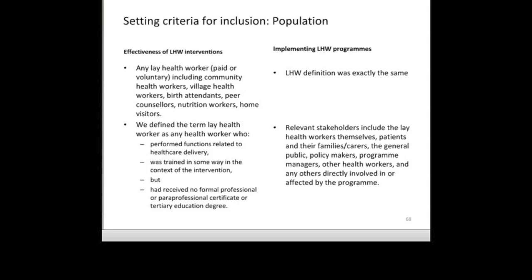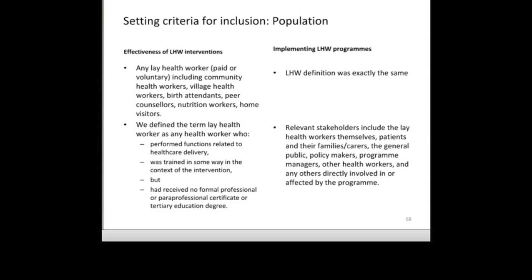They also defined the term lay health worker as any health worker who performed functions related to healthcare delivery, was trained, and had received no formal professional certificate. So as you can see, it's very much operationalized, and that really helps your second screener to actually evaluate whether a particular article should be in based on the population or not.